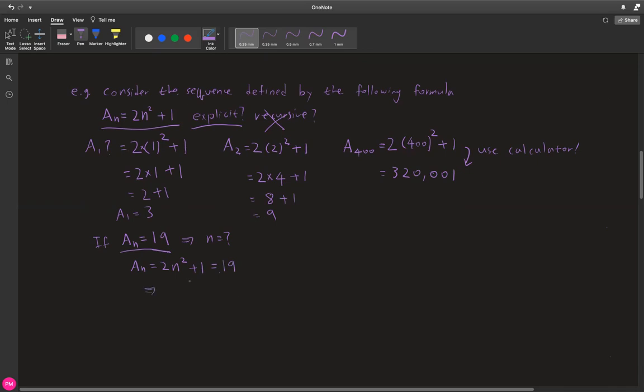Now all you have to do is solve for n. I'm sure you've done this several times back in high school or in other math classes. In order to isolate the n on one side and put everything else on the other side, what's the first step? You would subtract 1 on each side to get 2n squared equals 18.